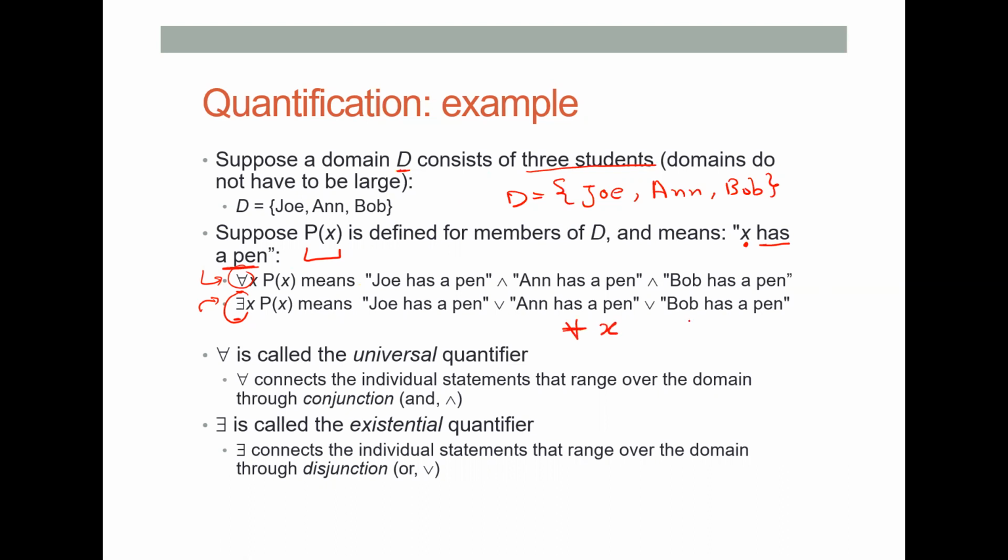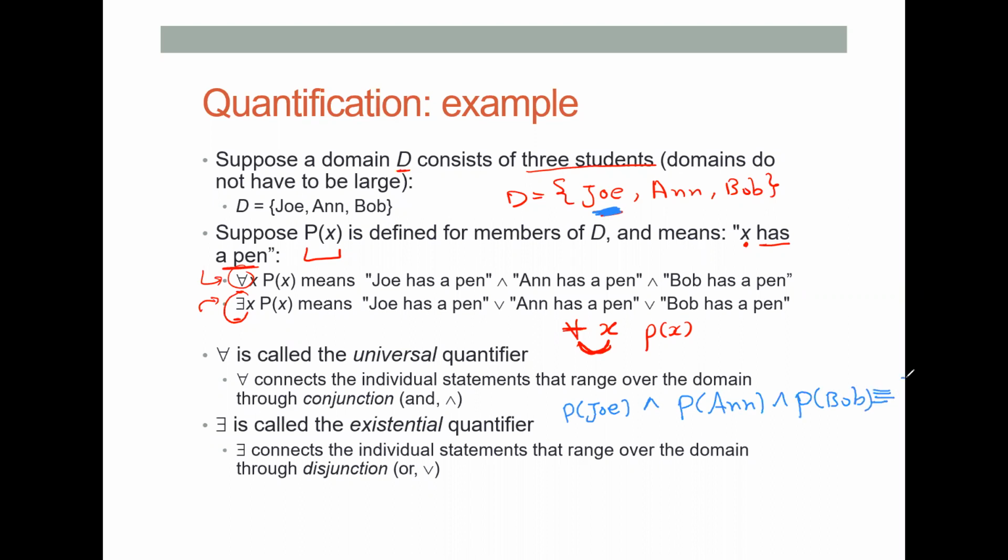What does this statement mean? For all X inside the domain, P of X, it means that for every instance inside the domain: P of Joe, and P of Anne, and P of Bob.